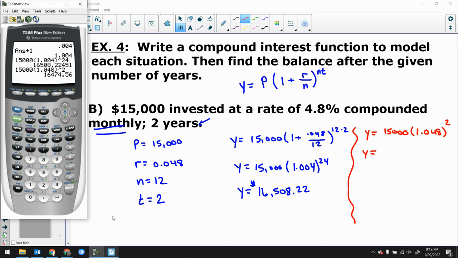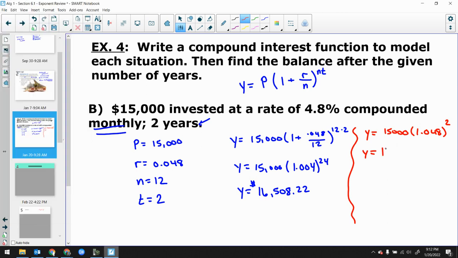Oh, so it's only 16,474.58. Okay, so how much of a difference is this actually making?